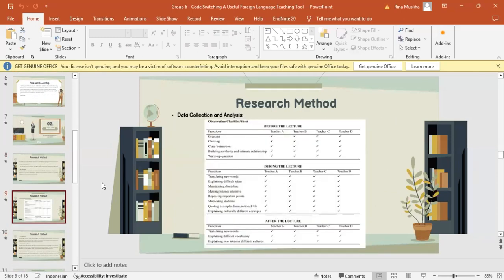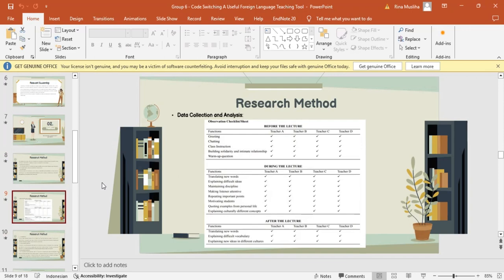And next is the data collection and analysis. As we can see in the slide, the observation checklist or sheet before the lecture covers the functions of reading, chatting, class instruction, building vocabulary, and intimate relationship, in the form of questions. Teachers A, B, C, D have checklists here.